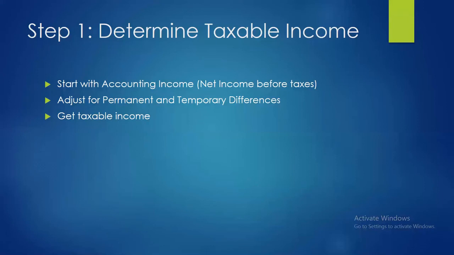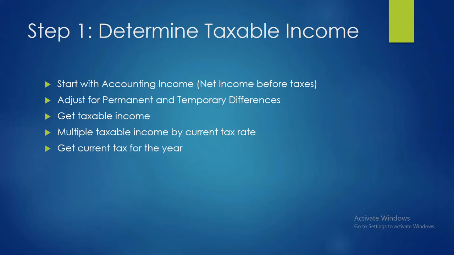You take your taxable income and multiply it by the tax rate. The current tax rate is going to be an estimate. The tax department of your company can figure out how much tax is going to be paid and get a tax rate. You multiply that taxable income by the current tax rate, which gets you the current tax expense for the year, and then you do your journal entry.